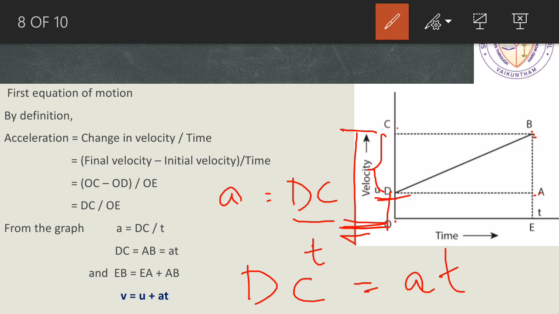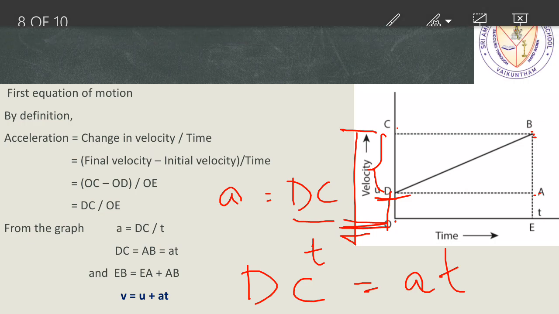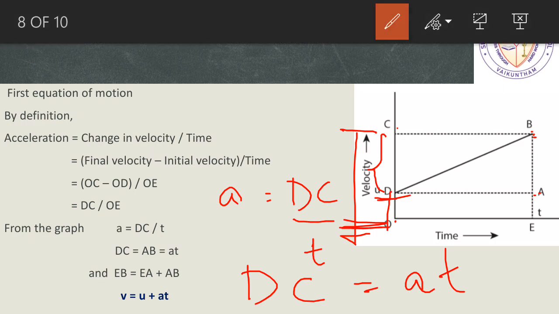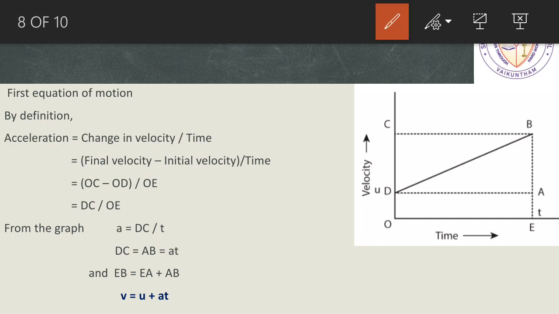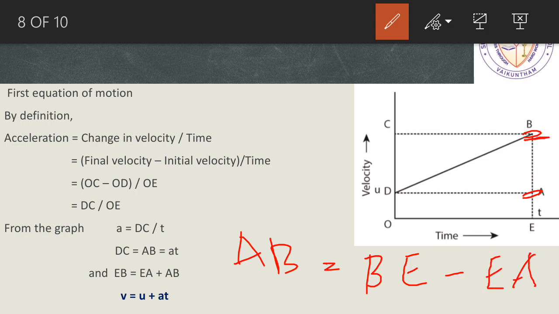Then rearranging the things, AB can be written as BE minus EA, right?